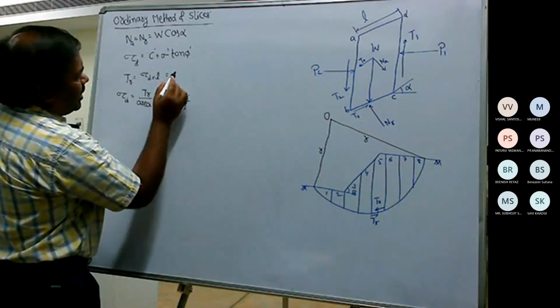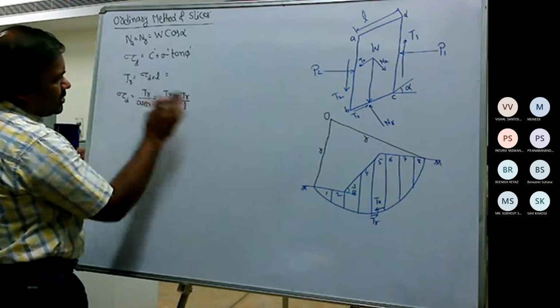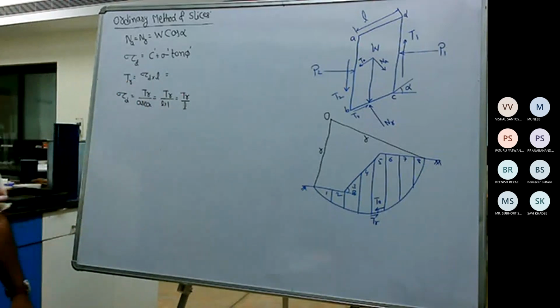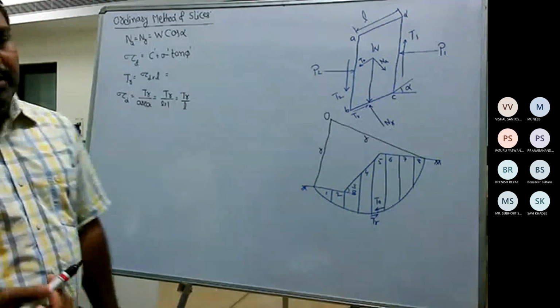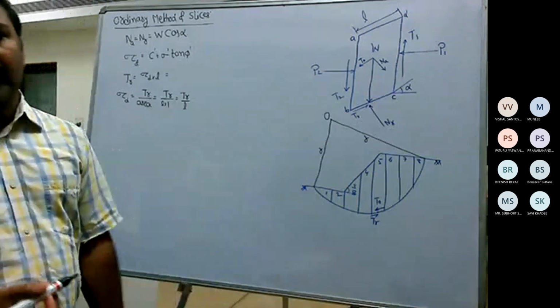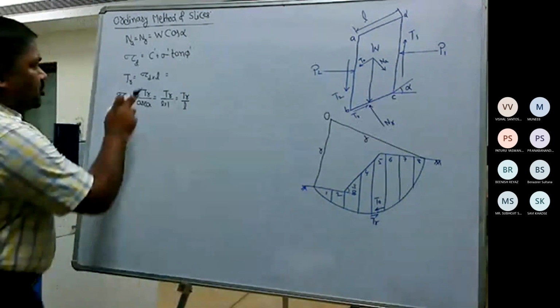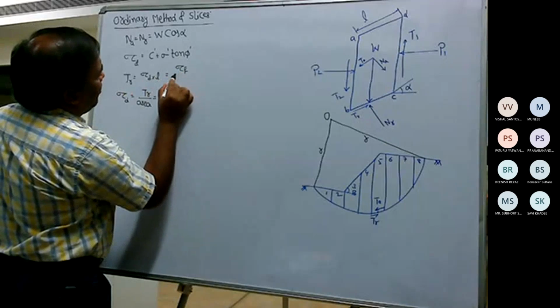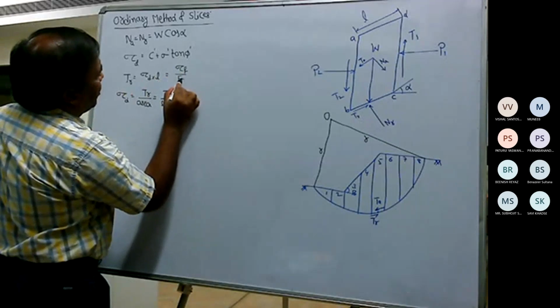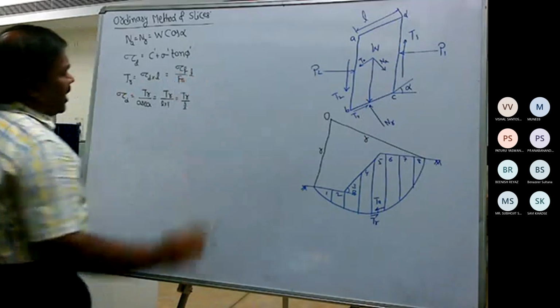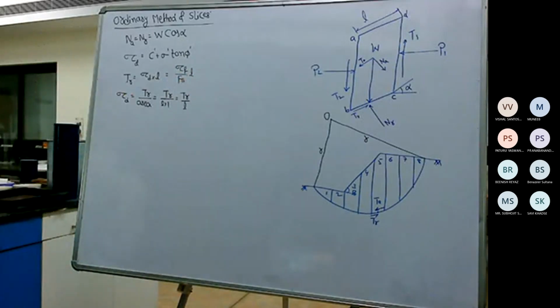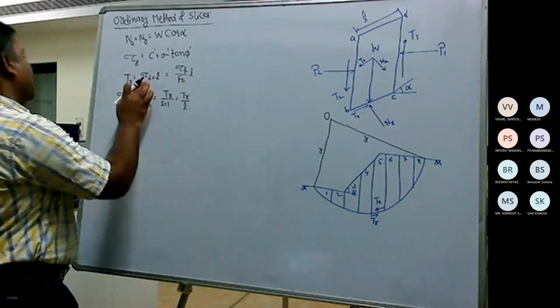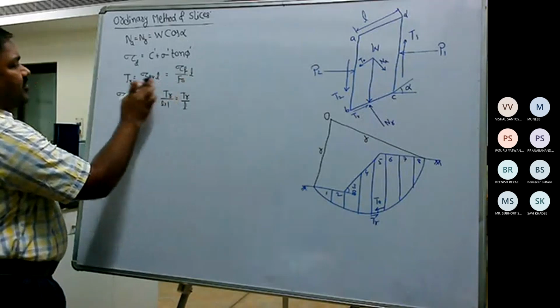So now tau D is the shear strength. But when we try to determine the stability, we determine it in the form of the factor of safety. So tau D can be written in another form as tau F divided by the factor of safety. I am just attaching the factor of safety term.